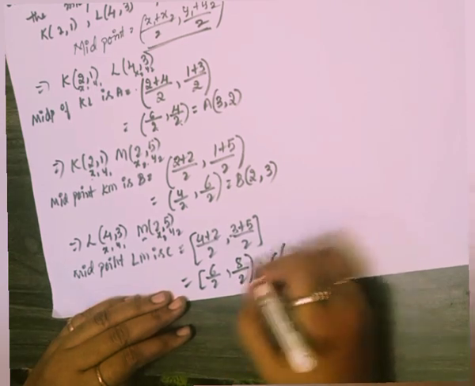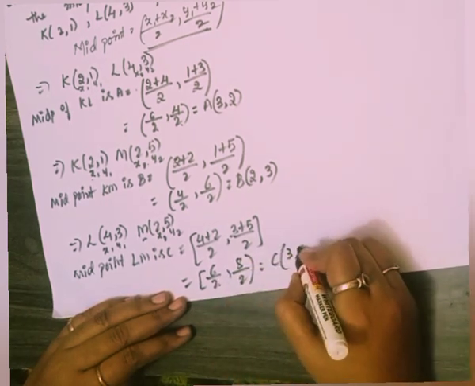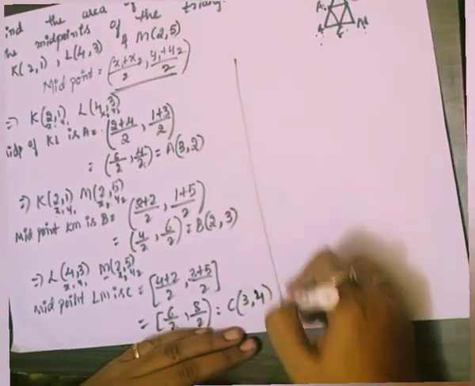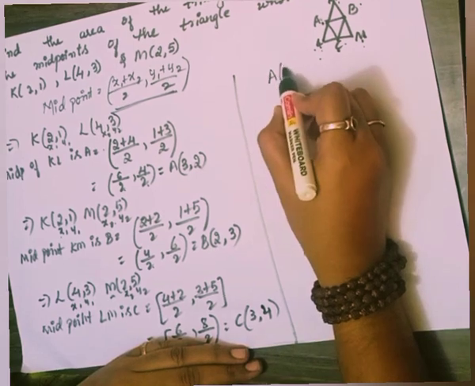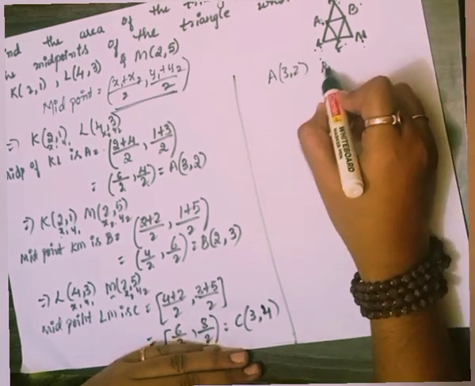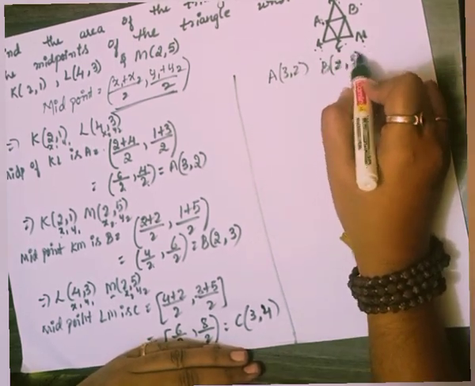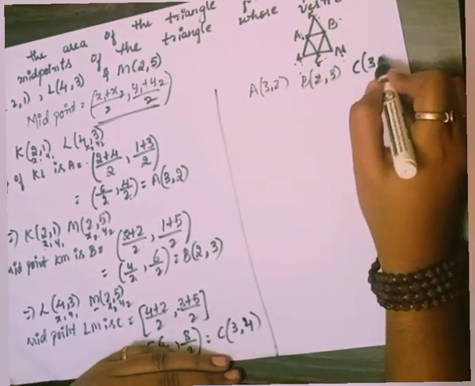So the C value: 6 by 2 is 3, and 8 by 2 is 4. Now we got all the values: A is (3, 2), B is (2, 3), and C is (3, 4).